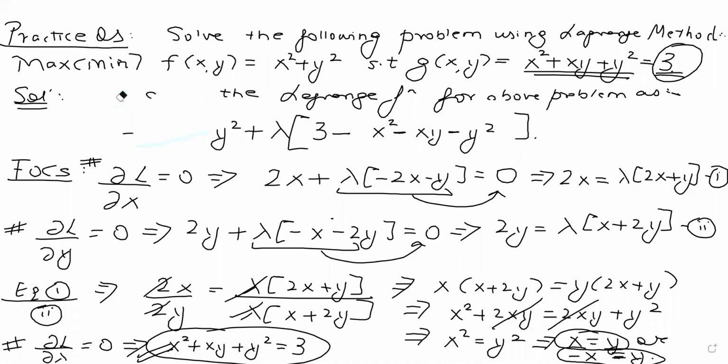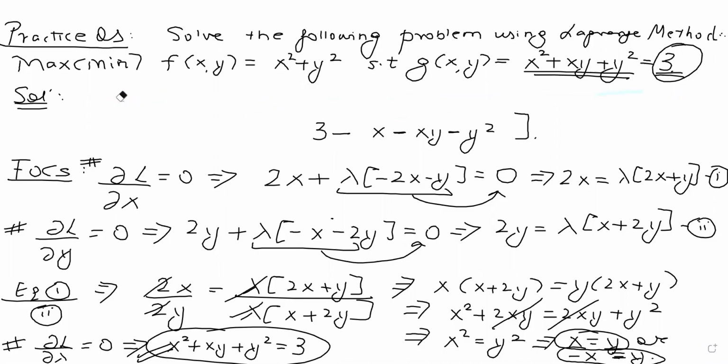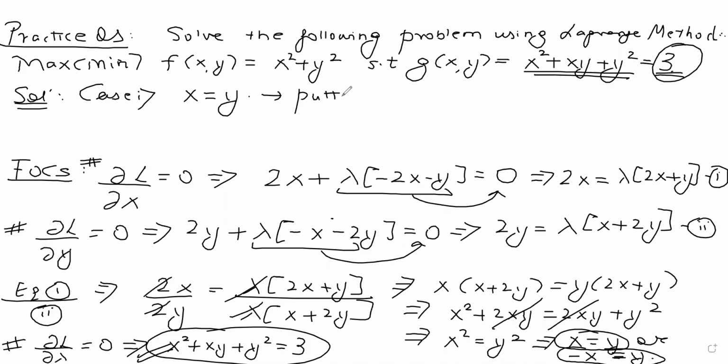Now let's work this out further. So I can write case 1. If I take the case that x is equal to y, putting this in the constraint, what do I get?